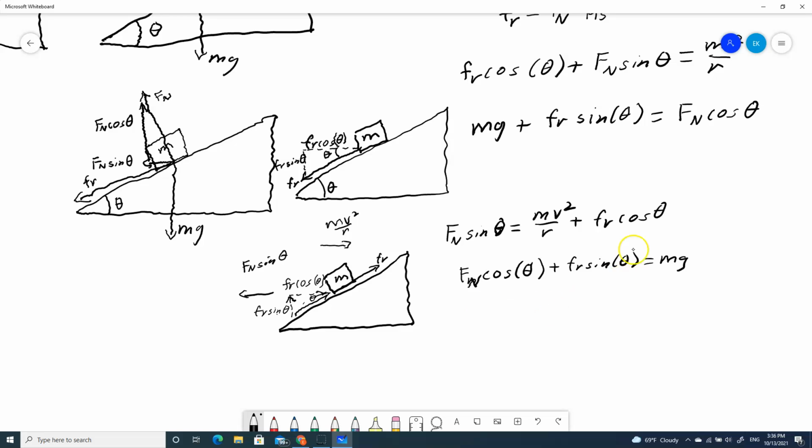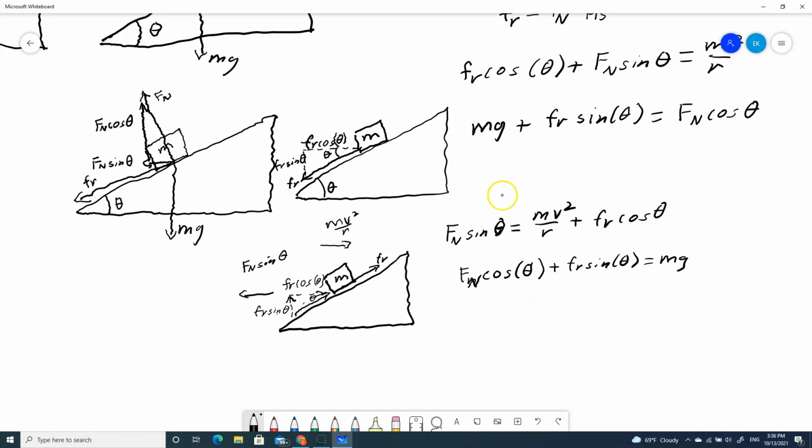So when these two forces upward are equal to this force downward, the object does not move anywhere vertically. We're not incorporating mv squared over r in this case because mv squared over r is a horizontal force. It's a centripetal force, horizontal. In this case, we're only talking about vertical forces, and this is what happens vertically.